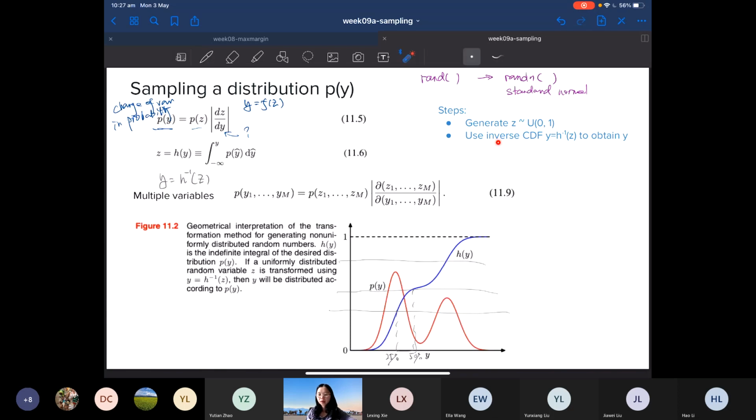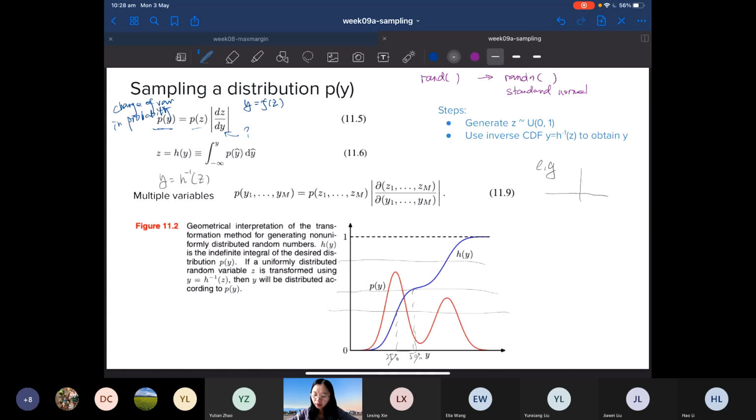So this is essentially what's written here. The steps for sampling a distribution P of y, where we can get analytical or numerical inverses of its CDF, are: we simply generate a z in the uniform interval, and then we use the inverse CDF to obtain y. So that's simple, right? You can imagine doing this for different functions.